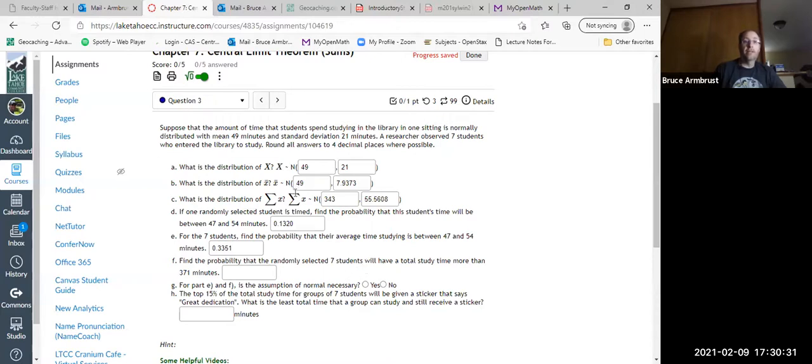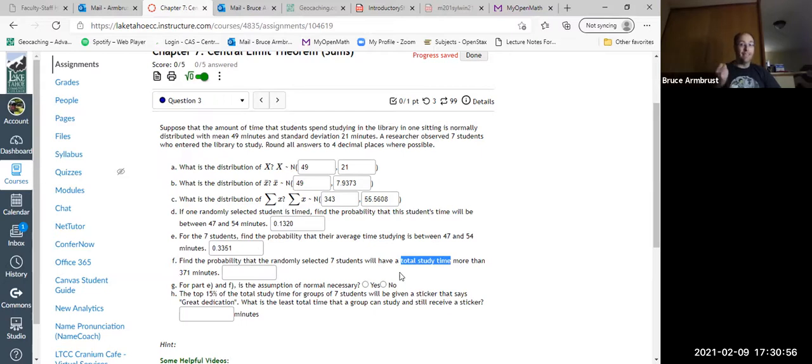Okay, now this one's going to be the distribution from C. And how do I know that? What in the wording here tells me use C? Good, Allie, that's exactly it. It's total study time.